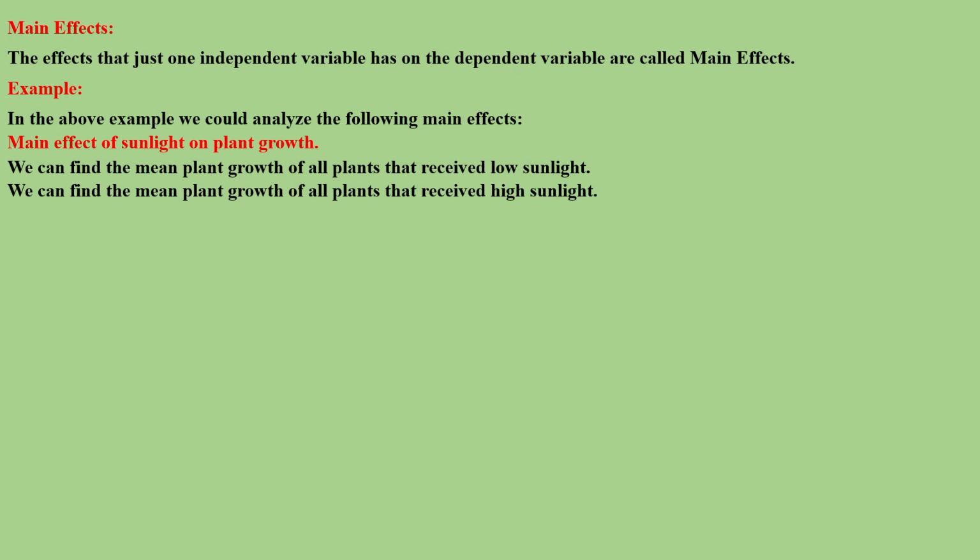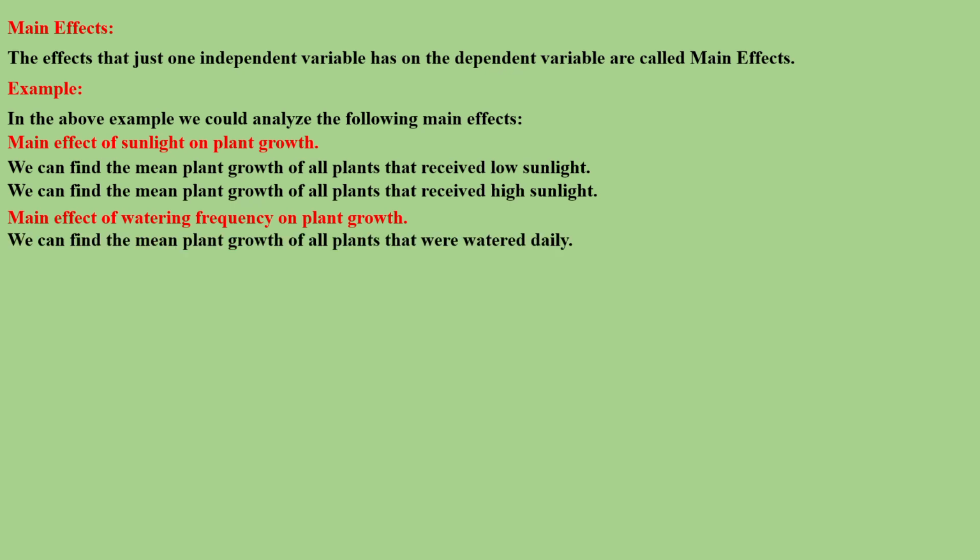We can find the mean plant growth of plants that receive high sunlight. Main effect of watering frequency on plant growth. We can find mean plant growth of all plants that were watered daily. Similarly, the plant growth depending upon watered weekly.